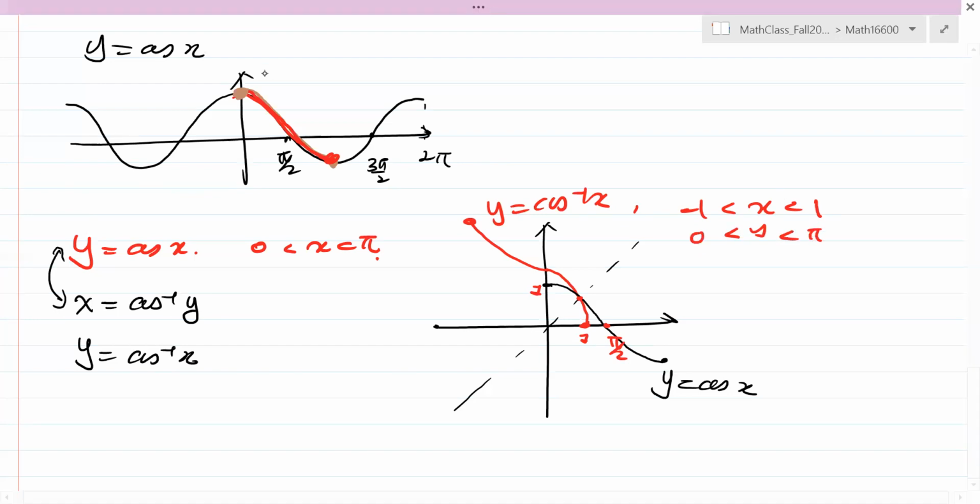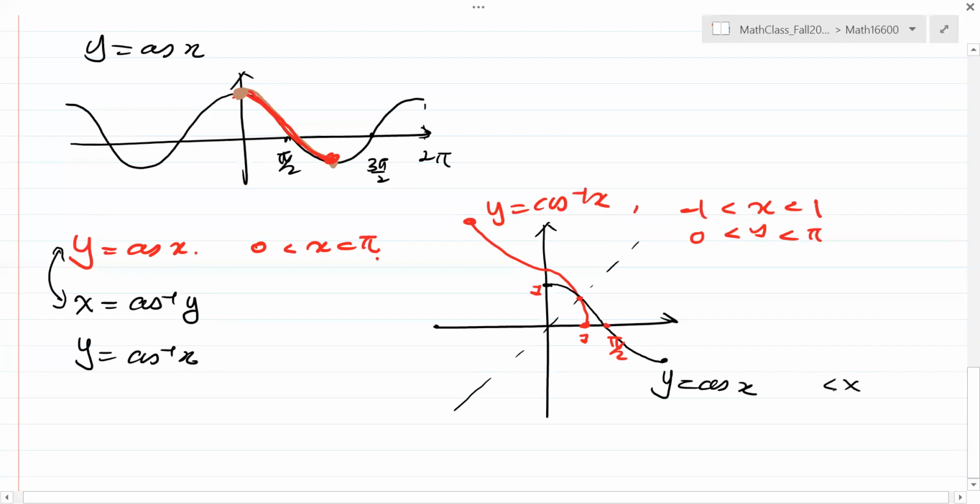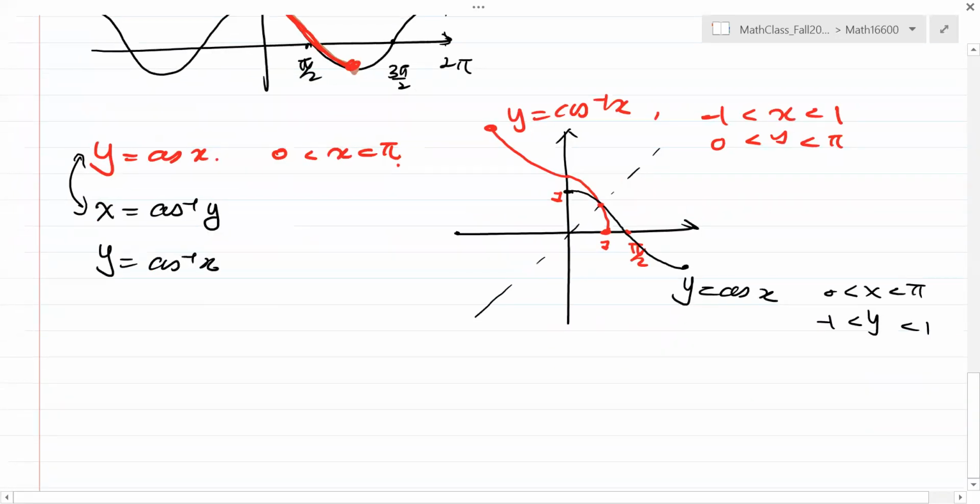And for the cosine function, x is between 0 and pi, and the y value is between -1 and 1. So the domain of the original function, between 0 and pi, becomes the range of the inverse function.